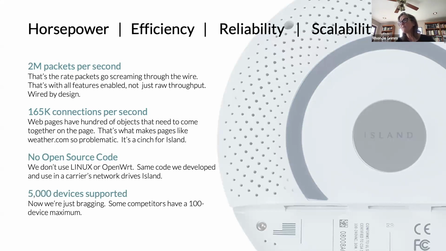And we support 5,000 devices. Some competitors have like a 100 max device limit. We recently put a few of the competitors against, we have this $750,000, what do you call it, Tom? It's the Keysight Technologies Perfect Storm.